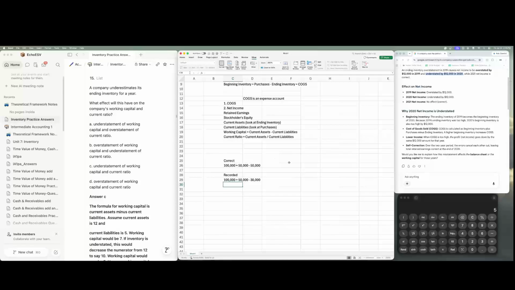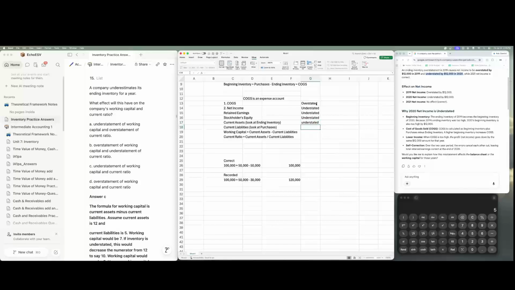So what that means is that the cost of goods would be 100,000 and reported would actually be 120,000. So cost of goods would be overstated. If the expenses are overstated, the net income is understated. The ending inventory is understated.